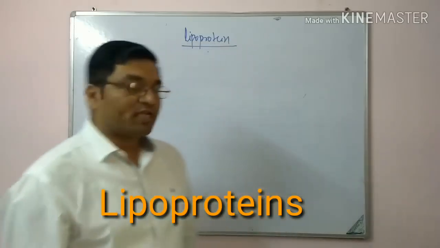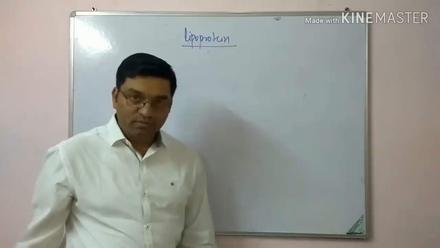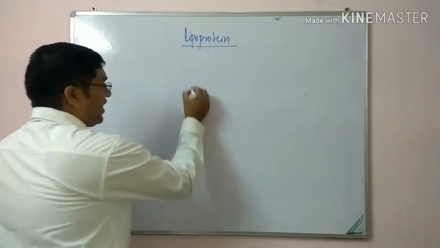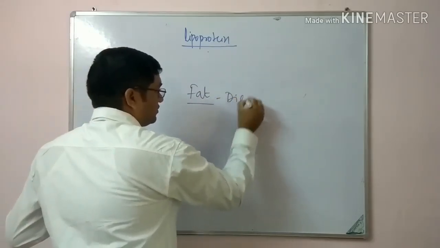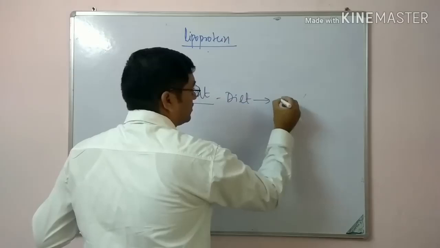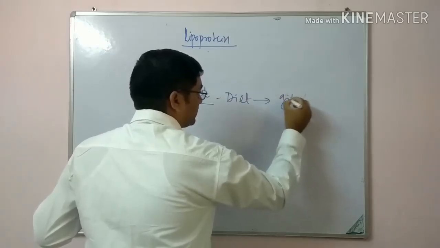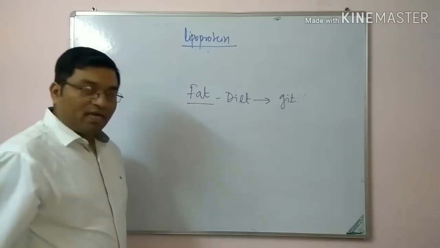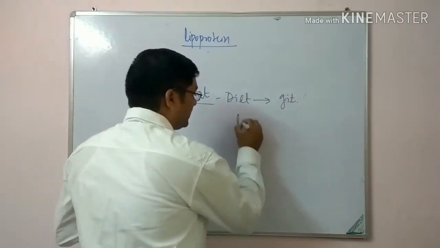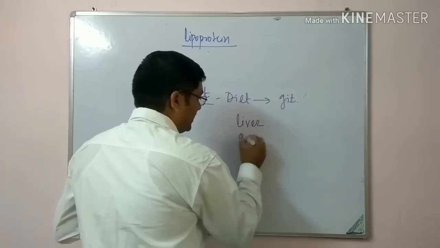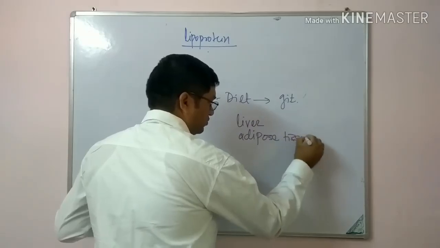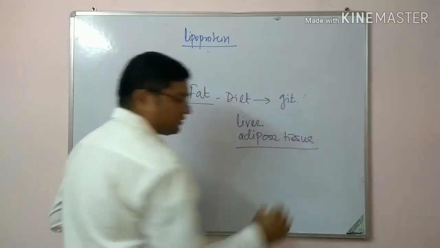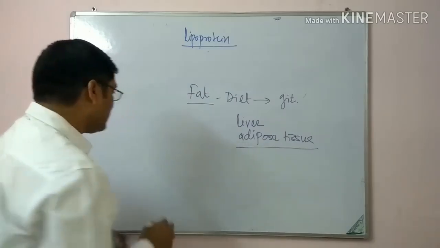Today we will discuss an important topic, that is lipoprotein. As we take fat in the diet, that gets absorbed through the gastrointestinal tract, and there is synthesis of lipid in the liver and adipose tissue. These lipids are insoluble in water.